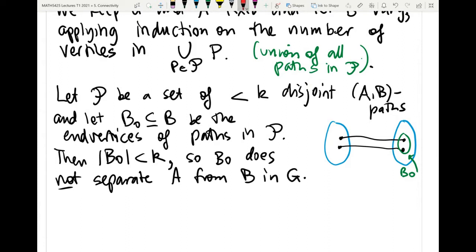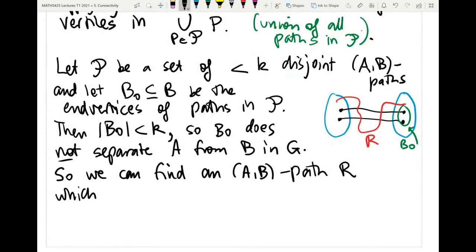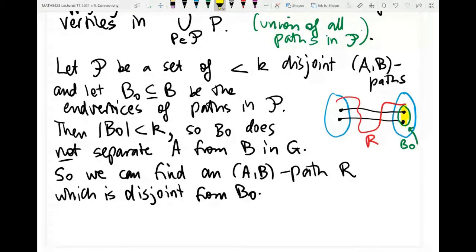What that means is we're going to be able to find another path that we can add in somewhere. This path is going to be called R, and it's another AB path. Hence, we can find an AB path R which is disjoint from B naught. If I deleted just the vertices in B naught, then this new path still exists.